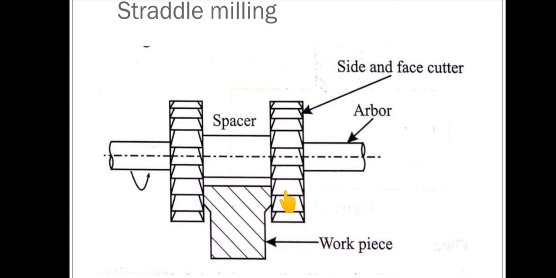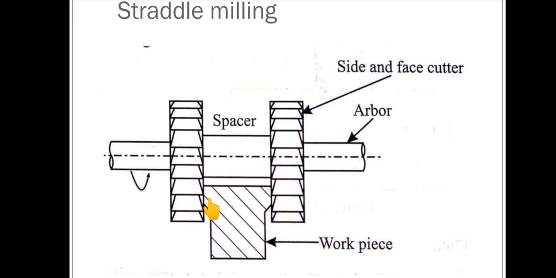Instead of doing one end the first time, then reversing the workpiece for the other end next time, place the two cutters and do the operation in a single run. What happens by doing this? We can save time and energy. More workpieces, meaning more products, can be produced.